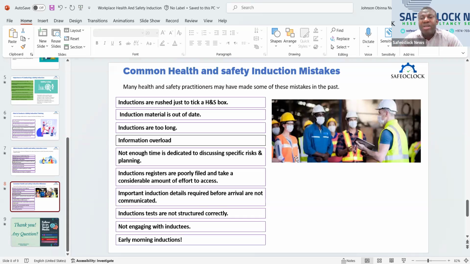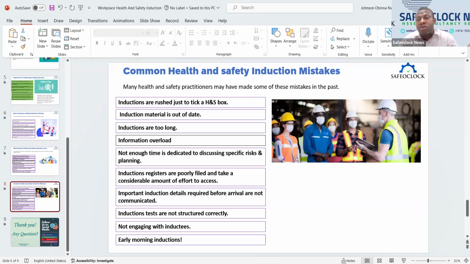We put everybody together and conduct the safety induction. In that instance, we will not be able to discuss in full the specific hazards associated with each of these departments, or with the jobs that each of these departments do. Because everybody is there. You have electrical, you have mechanical, you have everybody in that hall.